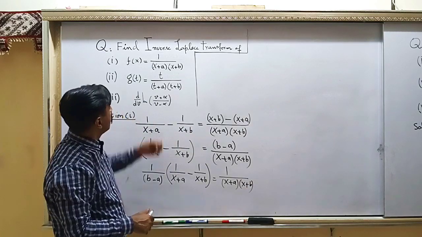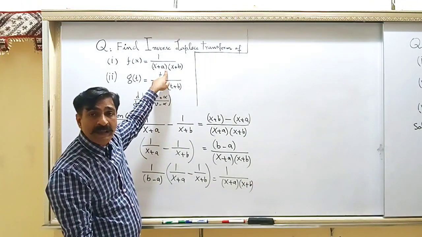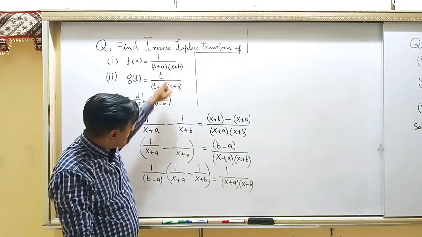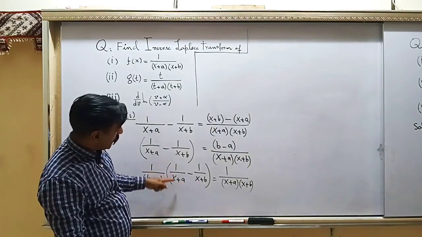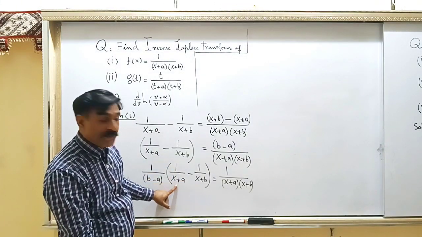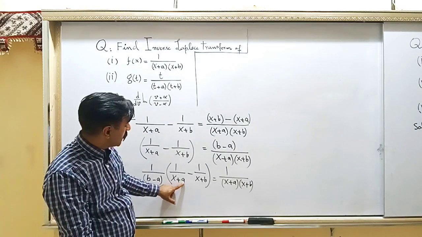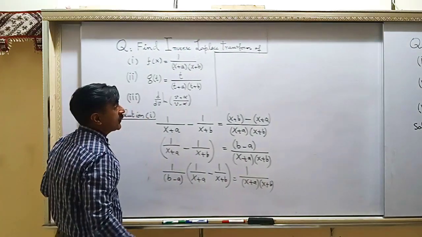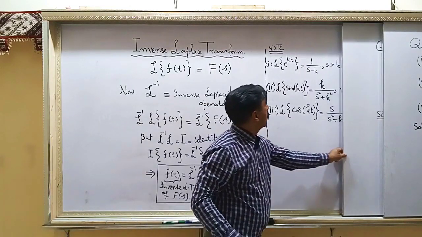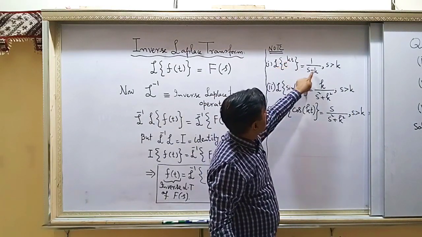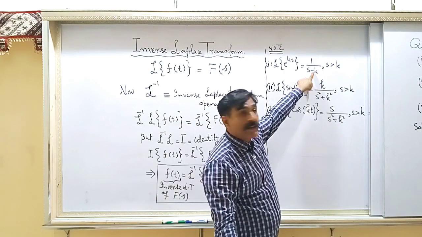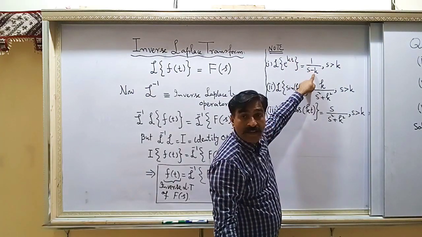And now look, your given Laplace transform has been split into two fractions, and you know the Laplace transform of this now. This is the Laplace transform of e to the power minus at. The constant is this. Look, in this formula, if this is a minus sign, then it will produce a plus. So the opposite sign comes here.